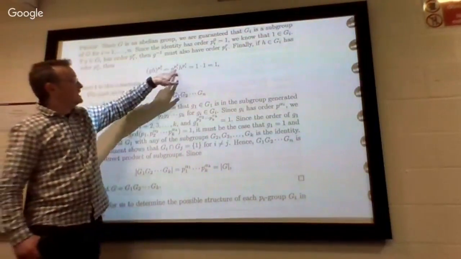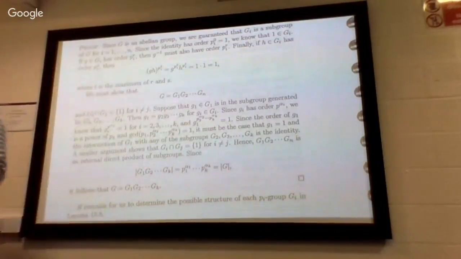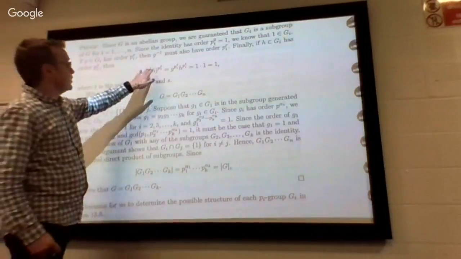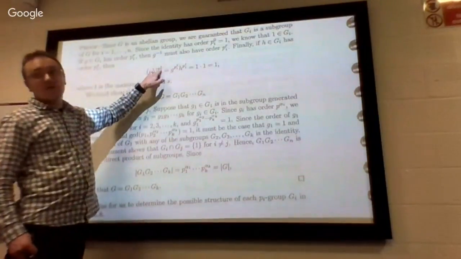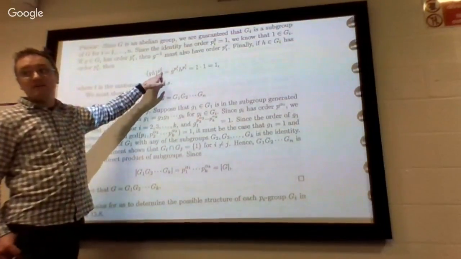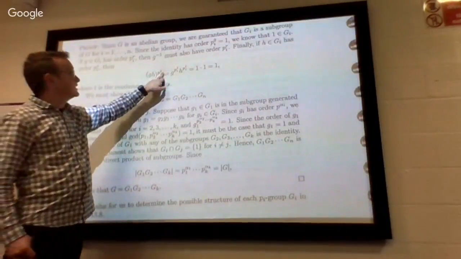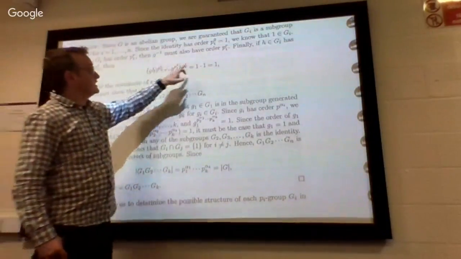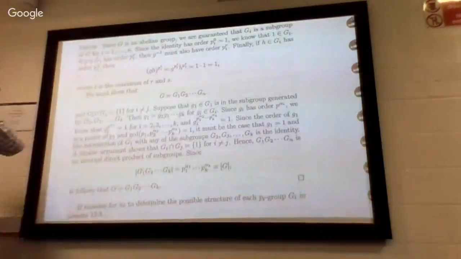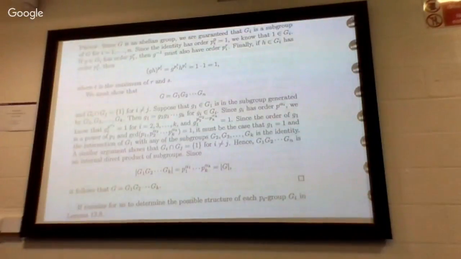And similarly for h, so both of them will be the identity. So this just tells us that the order of gh is a power of the prime p_i. The identity times the identity. So that shows that the primary component is closed under products.